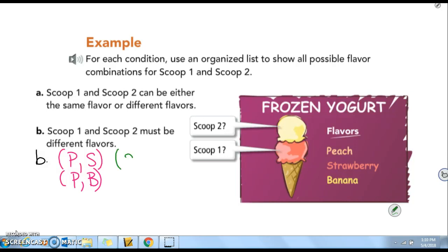Our first scoop could be strawberry, followed by peach, or strawberry and banana. We can also have our first scoop as being banana, our second scoop as peach, or our second scoop to be strawberry. For letter B, we have 6 possible outcomes because our flavors have to be different.